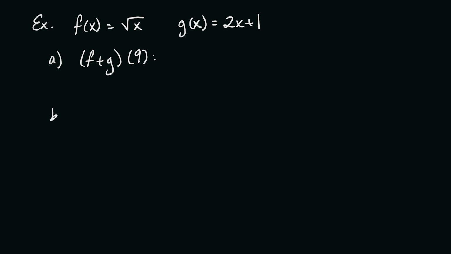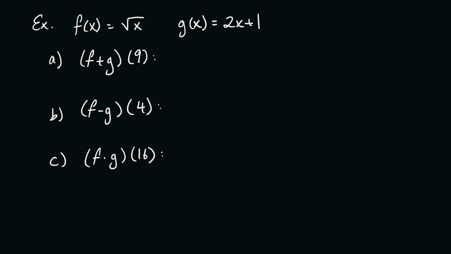The second one would be (f - g)(4). Third one, which we're going to do, is (f · g)(16). And lastly, we're going to have (f/g)(1). Alright, so take a moment, pause the video here, see if you guys can figure this out, and we'll get right back to it.